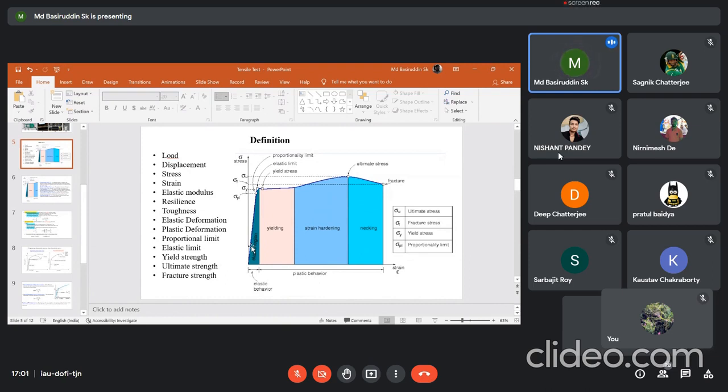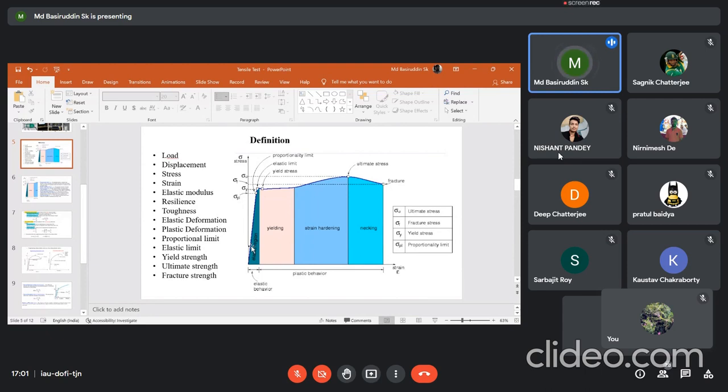Okay, so that is why designers mainly focus on the elastic modulus of a material, and based on that they design the component. Let's say you are preparing a beam, and during wind the beam may deflect to some extent. If you know the elastic modulus of that beam, then you will give the allowance for the beam to deflect up to a certain extent.